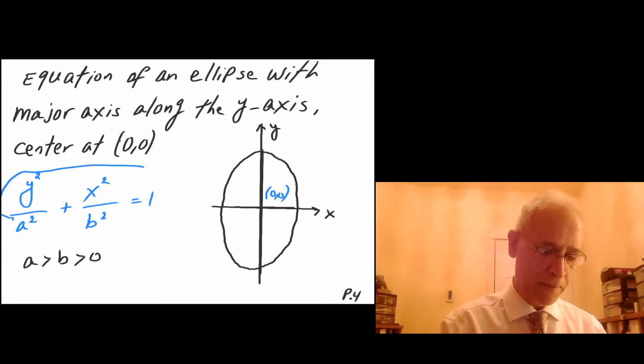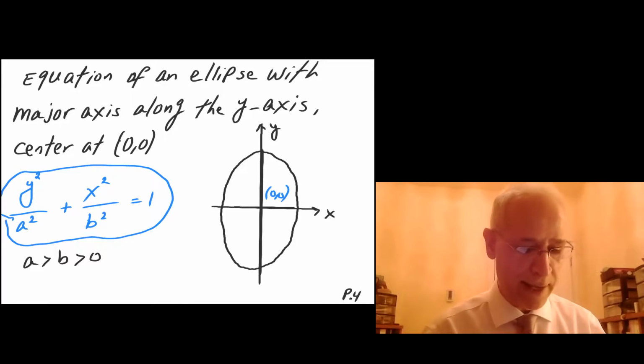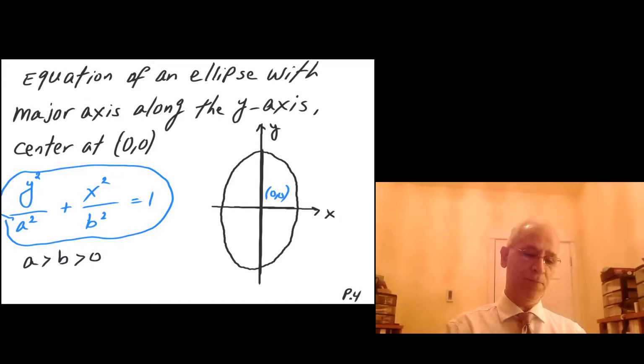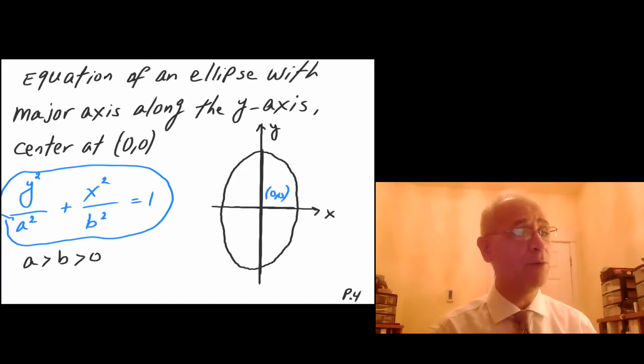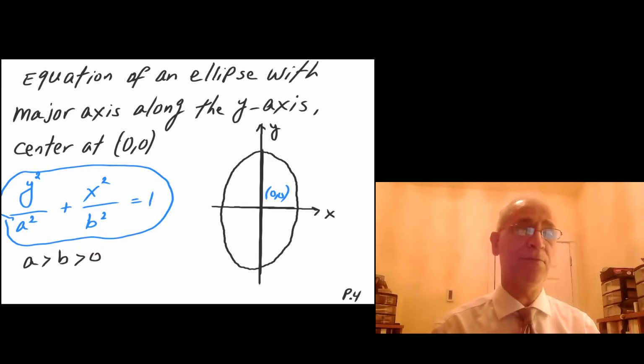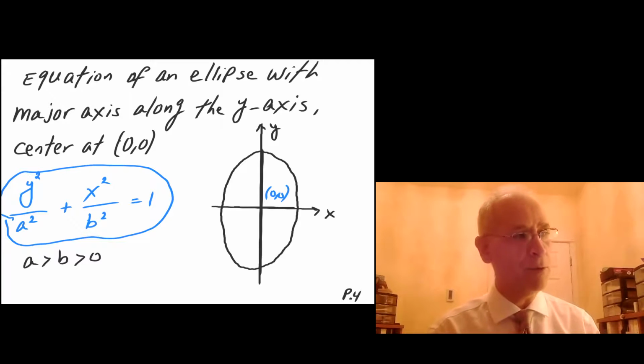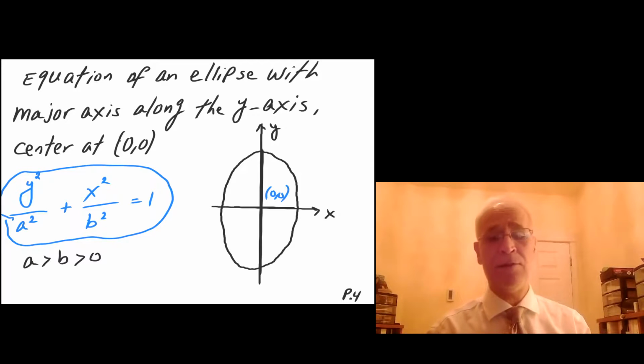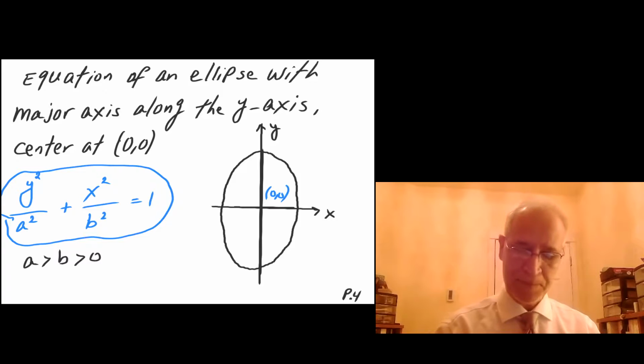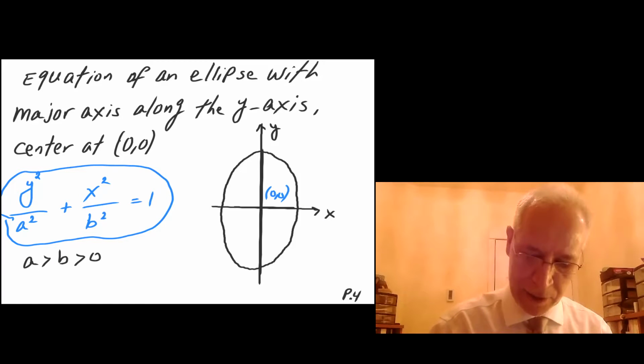So here you have y squared over a squared plus x squared over b squared equals 1, with the understanding that a is greater than b, and b is of course greater than 0. Notice that in this case, the larger number happens to be under y squared. Let me go to the next page.